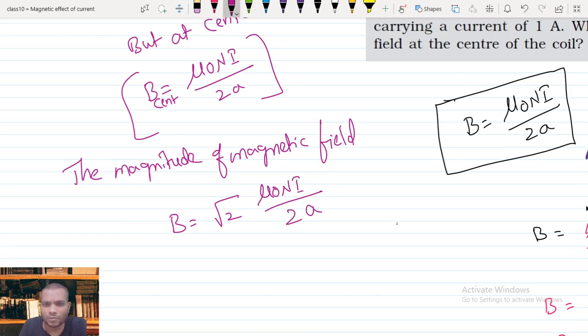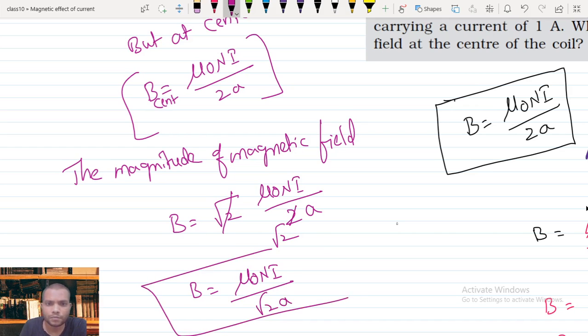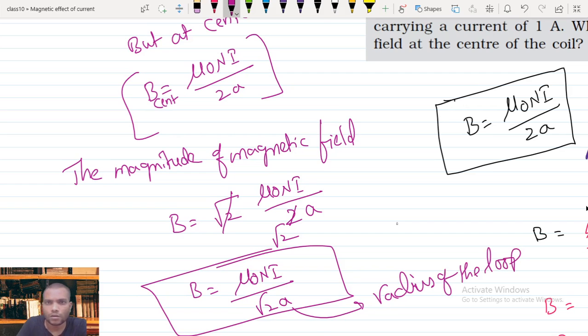With further simplification, root 2 in 2 is root 2 times, therefore B equals mu naught n I upon root 2 a. Here a is the radius of the loop. So this is how we find the magnitude of the magnetic field and the resultant direction.